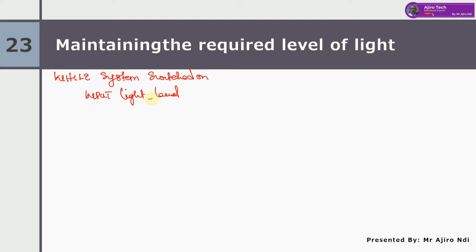Now I'm using an underscore so that it sees this as one word. Okay, that's why we use an underscore. If you don't do this, it's going to see it as two words, and then it's not going to work.